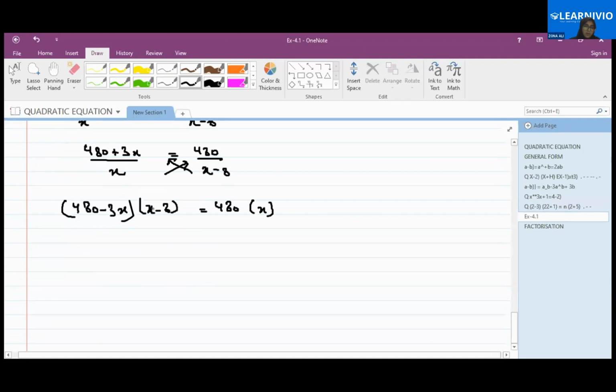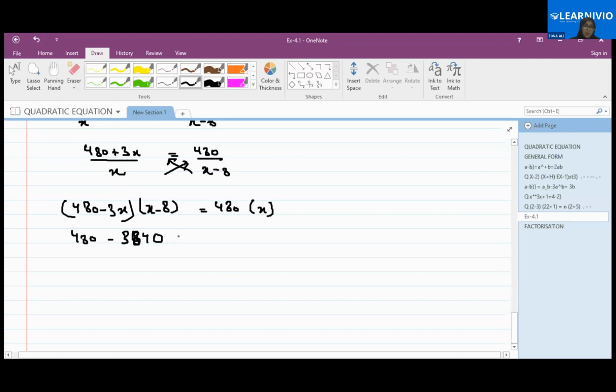So this will be 480x minus, what is 8 into 480? 8 into 480 will give you 3840.